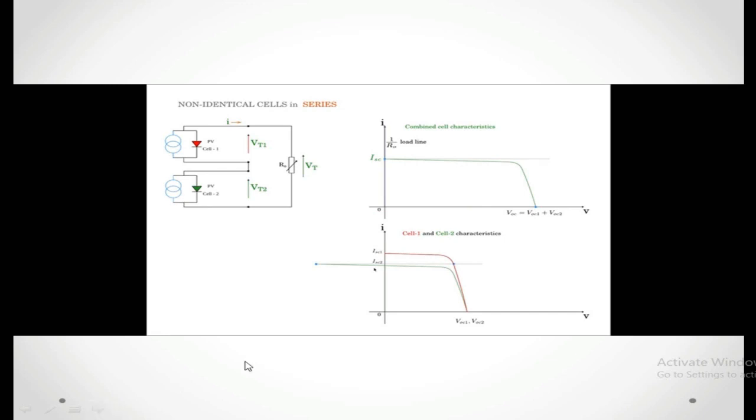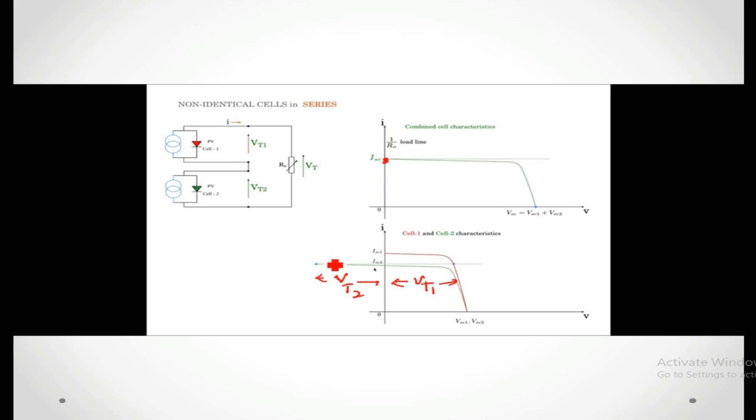If I further reduce R0 to 0, it is almost short circuited. This is the load line characteristic, so that is ISC. This is the magnitude of VT2, and this is the magnitude of VT1.